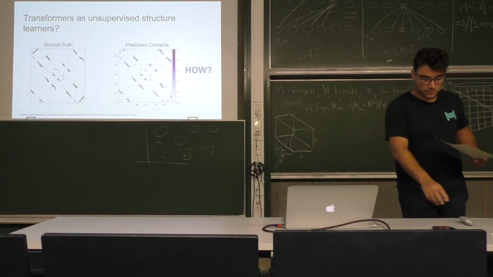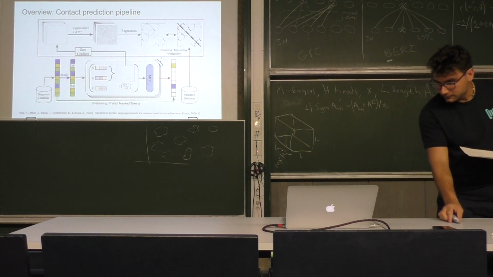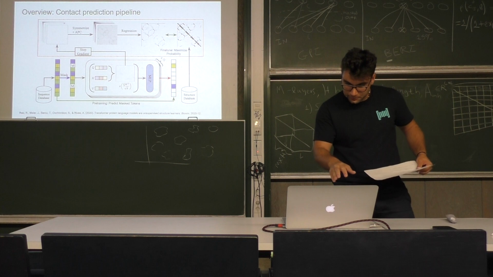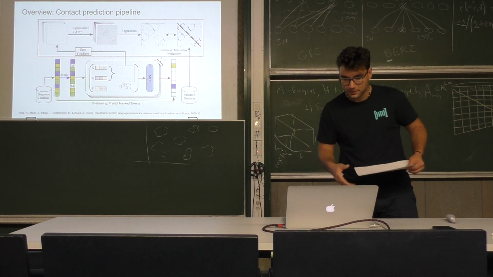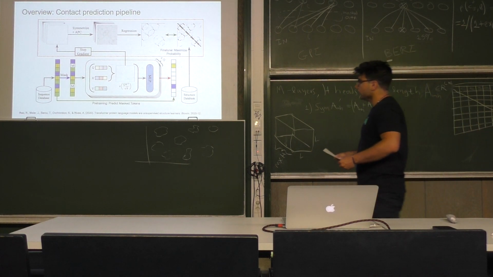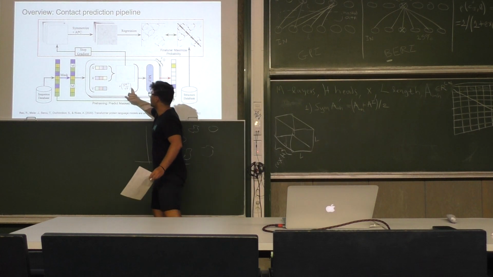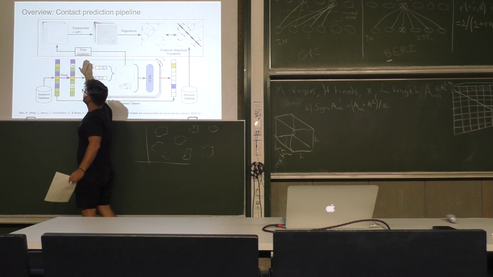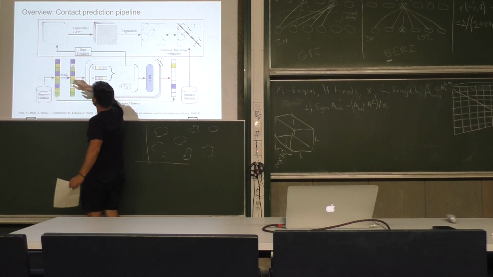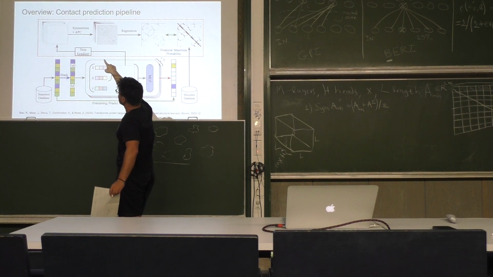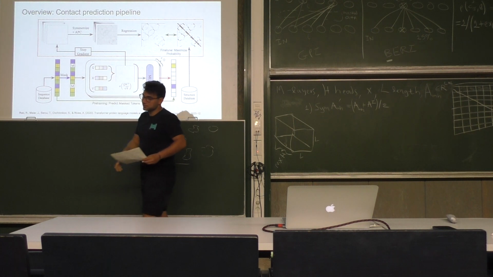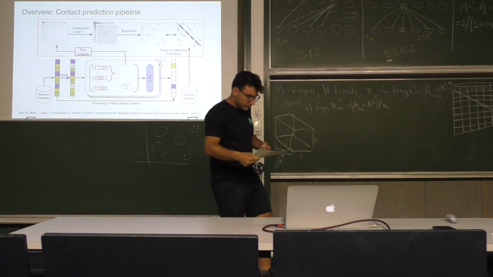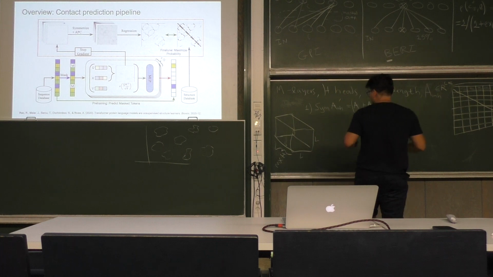So in this paper that's called Transformer Protein Language Models are Unsupervised Structure Learners, you see the attention maps here. This S stands for softmax. Here you see the stop gradient, because we just use them as an input, we don't propagate any gradients. So you see symmetrization first and then APC. APC stands for Average Product Correction.